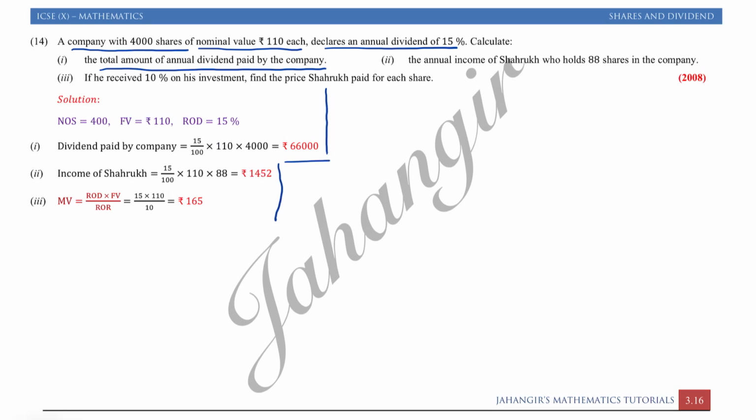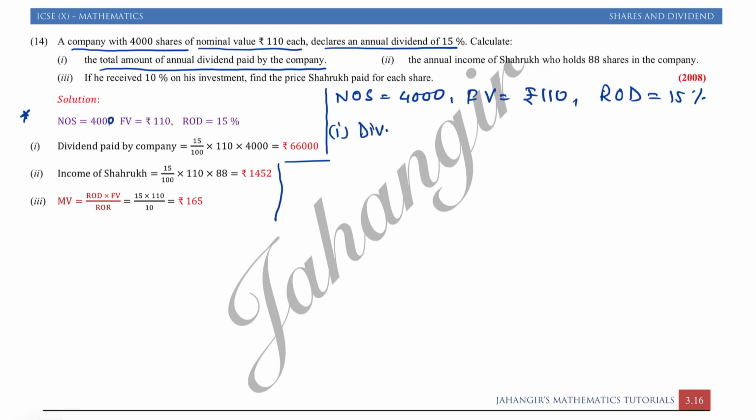So here number of shares with a company is 4,000, whose nominal value FV is rupees 110, and the company has declared a rate of dividend of 15%. So first I will find dividend, that is annual dividend paid by the company.